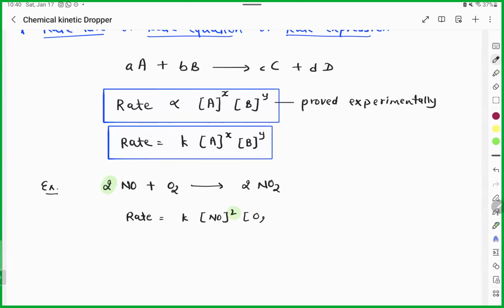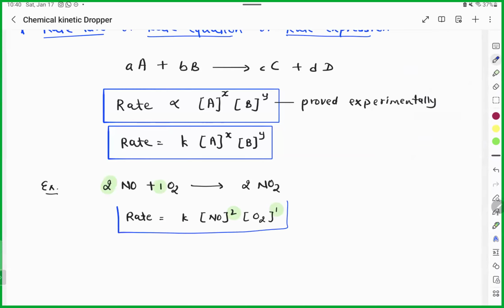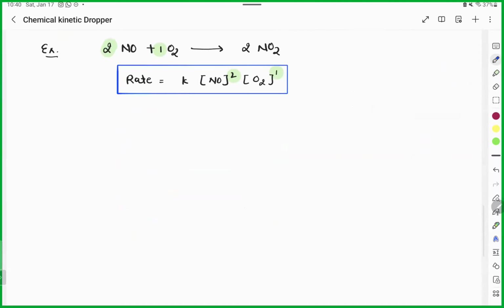And oxygen, because coefficient is 1, that's why power will also be 1. But we can't tell. It will be explained by the table. So we want to understand how the table works. This is the same example given in NCERT. I will make sure I cover each and every question of NCERT, at least the examples.